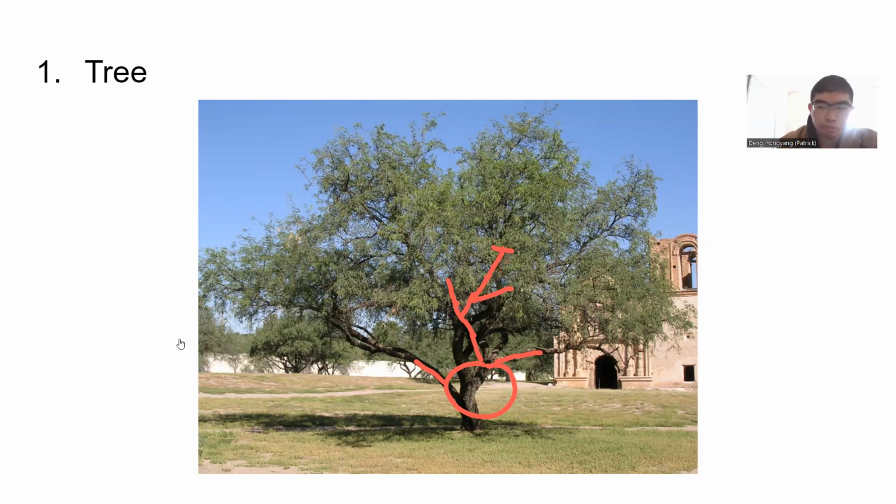So we usually have a root, branches, and leaves in a tree in nature, as you observe a tree.